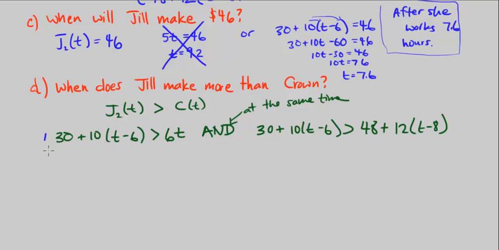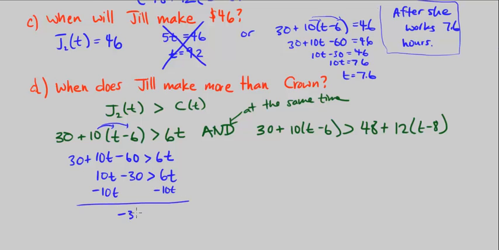But let's solve both of these inequalities. Let's look at the first one. Let's distribute the 10. So we get 30 plus 10T minus 60 is greater than 6T. Combine like terms: 10T minus 30 is greater than 6T. Let's add negative 10T to both sides, and we get negative 30 is greater than negative 4T.